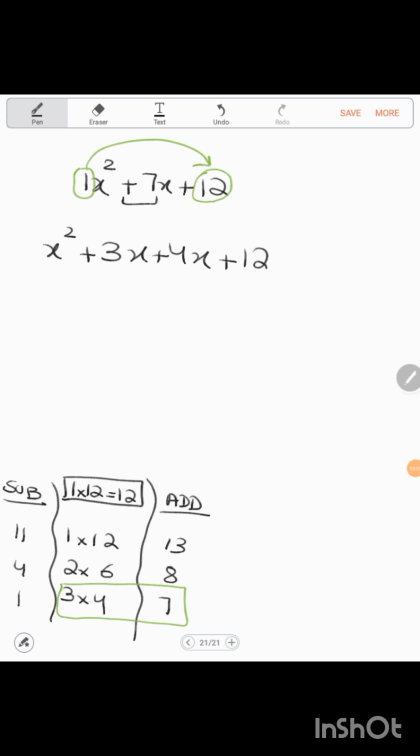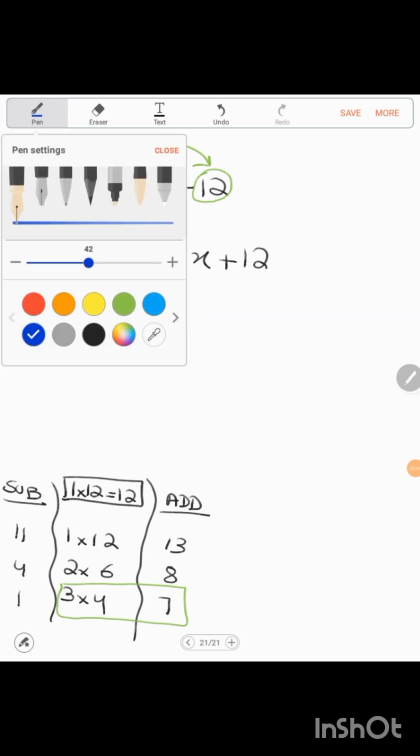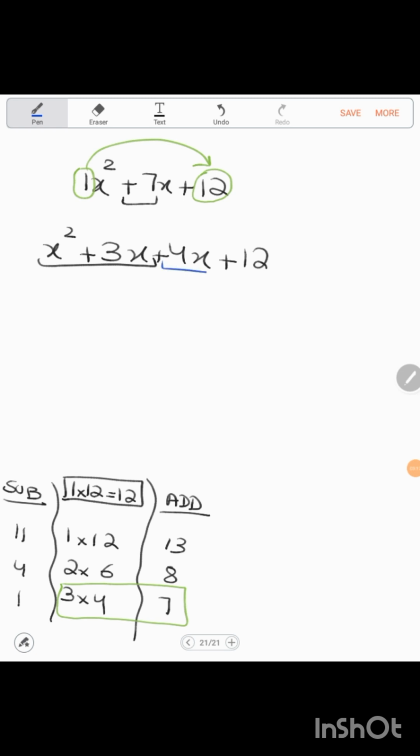Now you are going to take common from the first two terms, x square plus 3x, and from the last two terms, plus 4x plus 12.